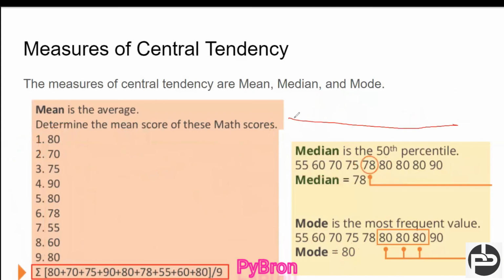Let's suppose this is 55, this is 60, and so on, and this is 90. Now where is my mean? The mean, 74.22, will come around here, near this. The median is 78, which will come near 74.2, right? Now the mode is coming around here, 80.